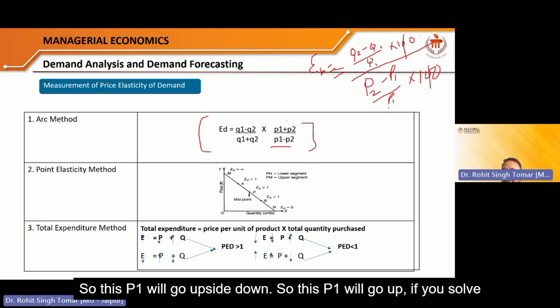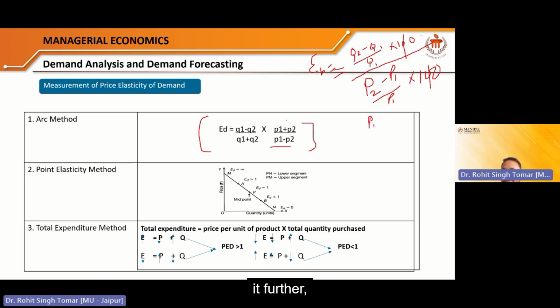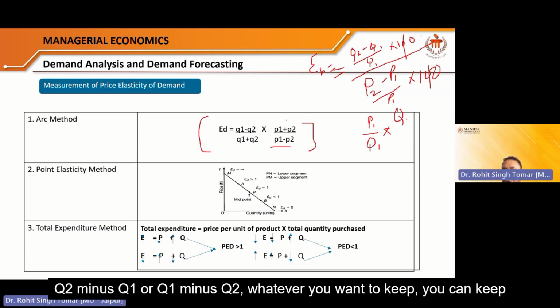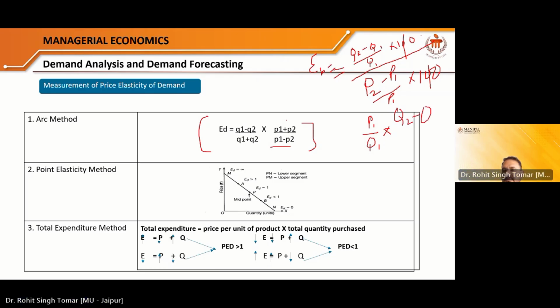So this P1 will go upside down. So P1 will go up if you solve it further, and this Q1 will go down, multiplied by Q2 minus Q1, or Q1 minus Q2, whatever you want to keep, divided by P1 minus P2.